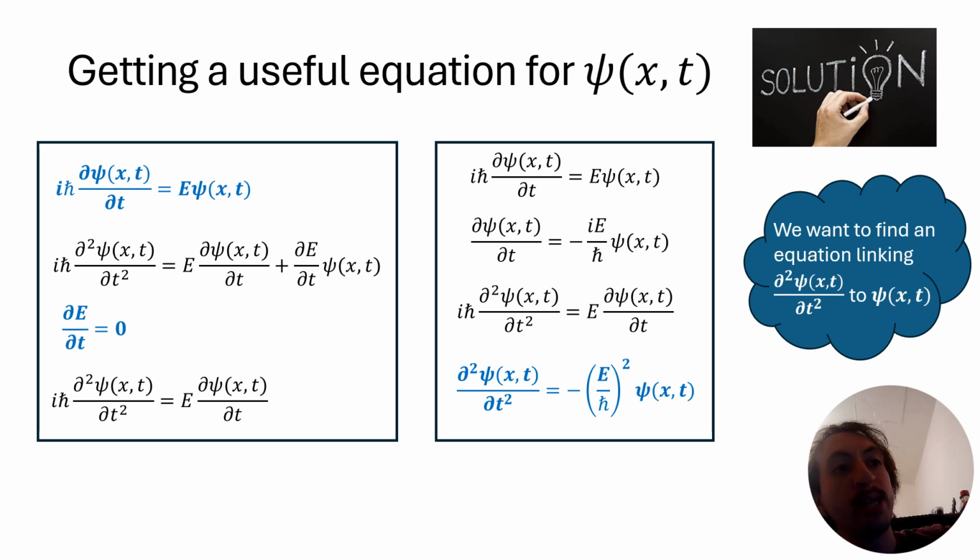And the classical analogy of that is going to be an equation that relates acceleration to the position of a particle, and there's lots of equations in classical physics to draw from to understand how a classical system would behave if acceleration was related to position in a way that has the same form as how the second order derivative of a wave function with respect to time relates to the wave function itself.